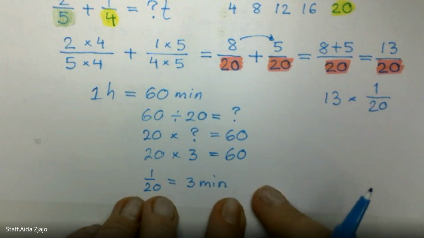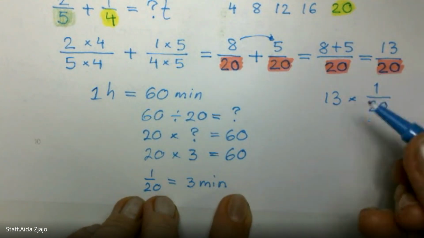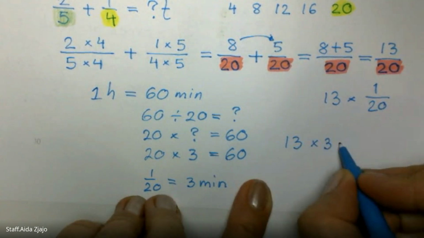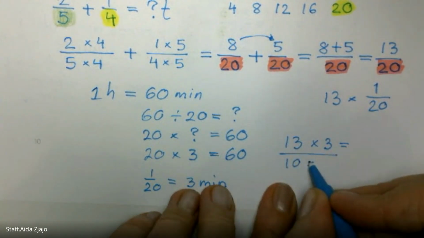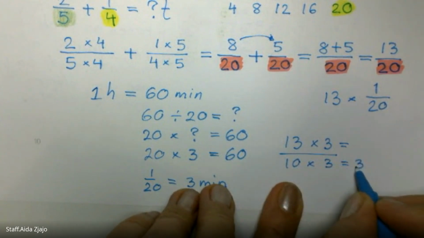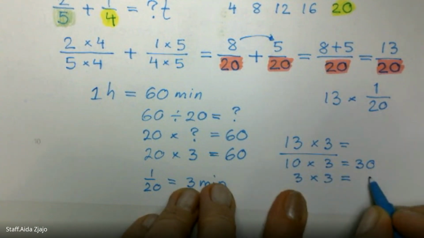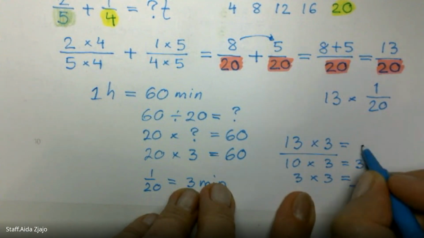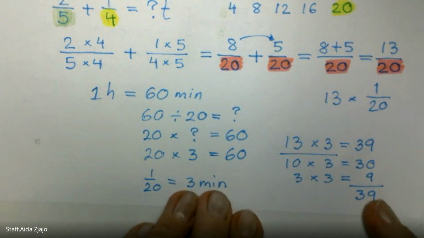That will tell us how many minutes he spent. So what is 13 times 3? We can do partial products. 10 times 3 equals 30, and 3 times 3 equals 9. Together, 30 and 9 makes 39. So that is 39 minutes.